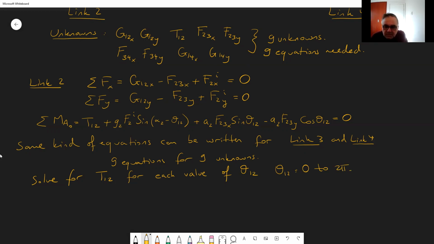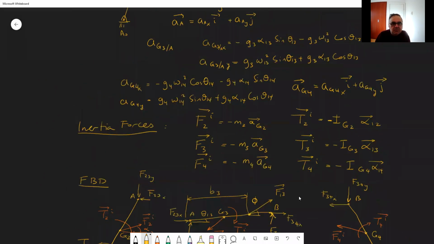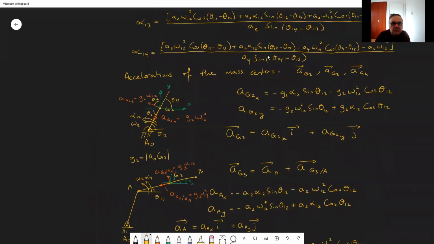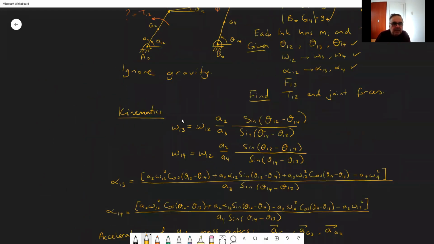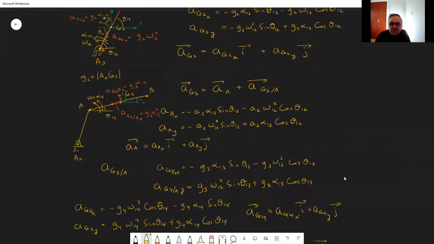Okay. Theta12 changes from 0 to 2 pi, as your mechanism changes its position, as you see over here. This is just one position of the mechanism. For different positions of the mechanism, those torques are going to change.